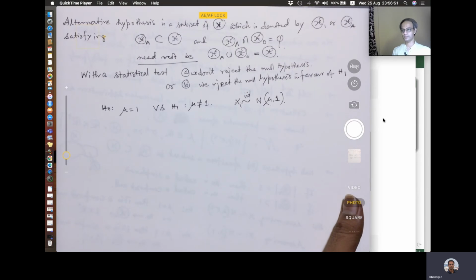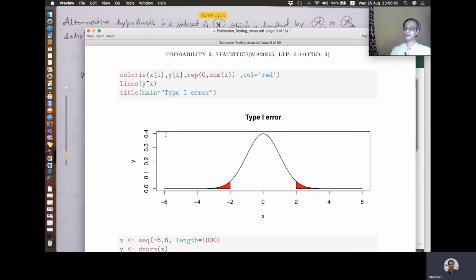In this situation, your critical region, or type 1 error when the null hypothesis is true, might be in this red region. If your data fall in this red region, you can reject the null hypothesis. That is possible with positive probability.